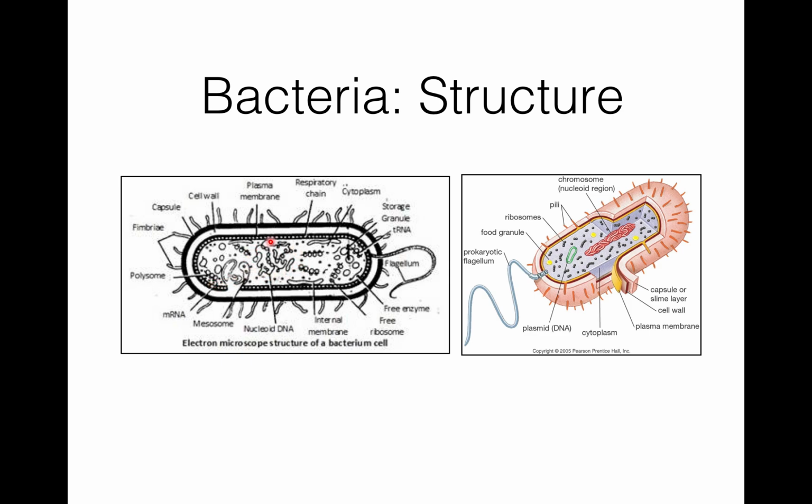Now here you can see nucleoid DNA. These are fimbriae, hair-like structures, and this is the flagellum. So it is the electron microscopic structure of a bacterial cell.